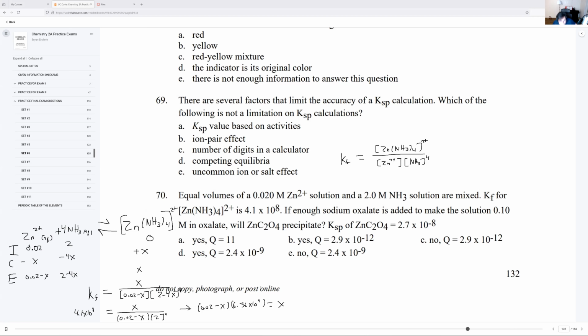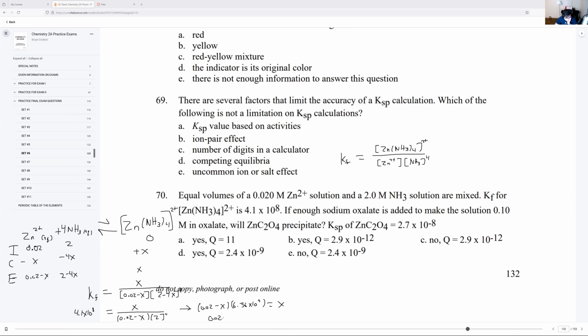Now you can solve this just using the quadratic equation, right? Oh wait, no, you could just factor it. It's not quadratic. So then what you can do is just solve for x.